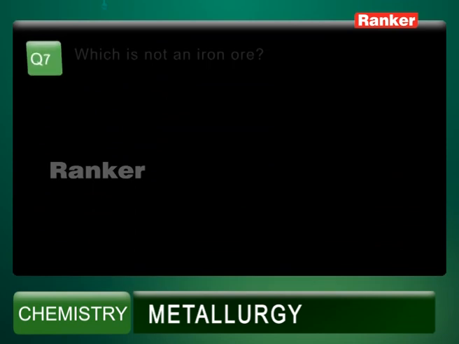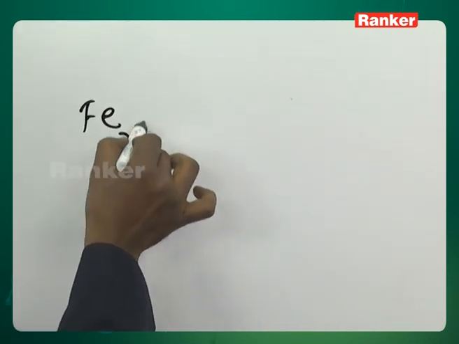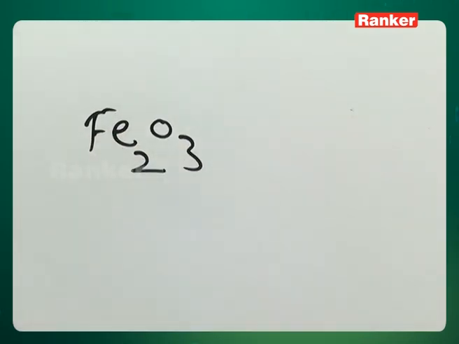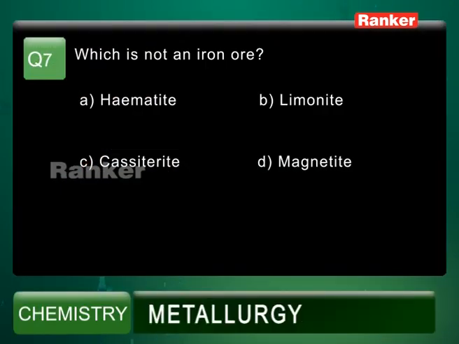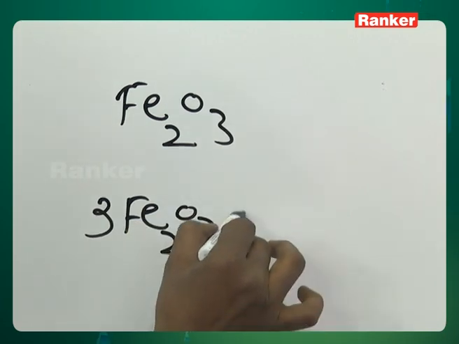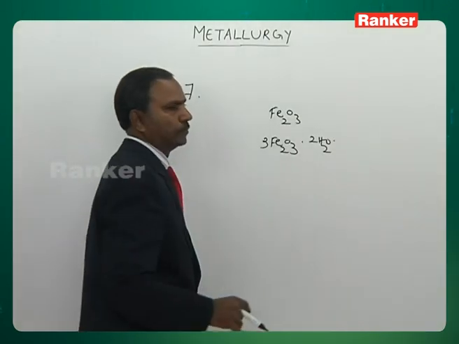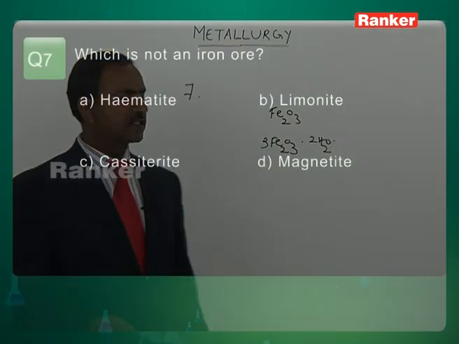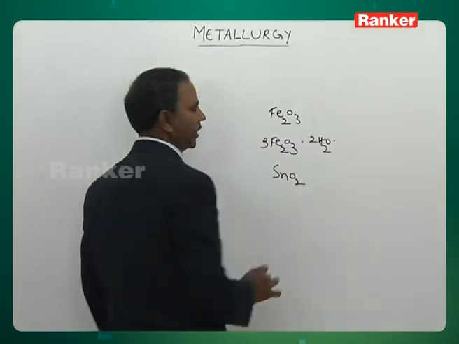Question number 7, which is not an iron ore. A. Hematite, which is Fe2O3. B. Limonite, which is again Fe2O3 with 2H2O. C. Cassiterite, the ore of tin, tin stone we call, otherwise cassiterite.